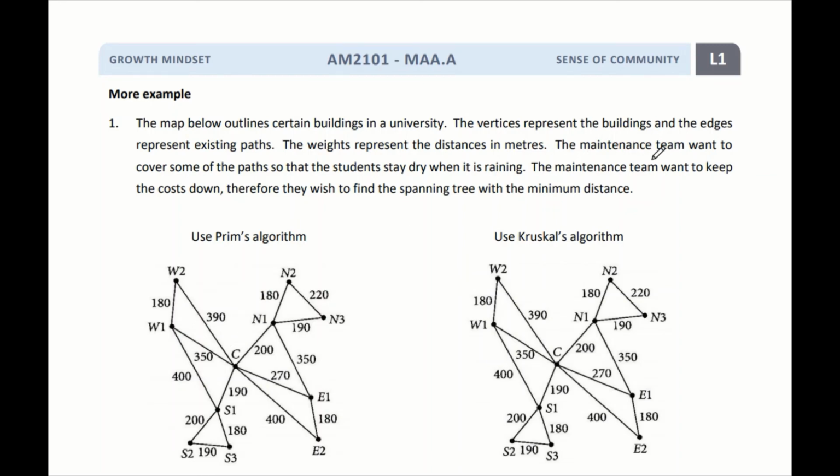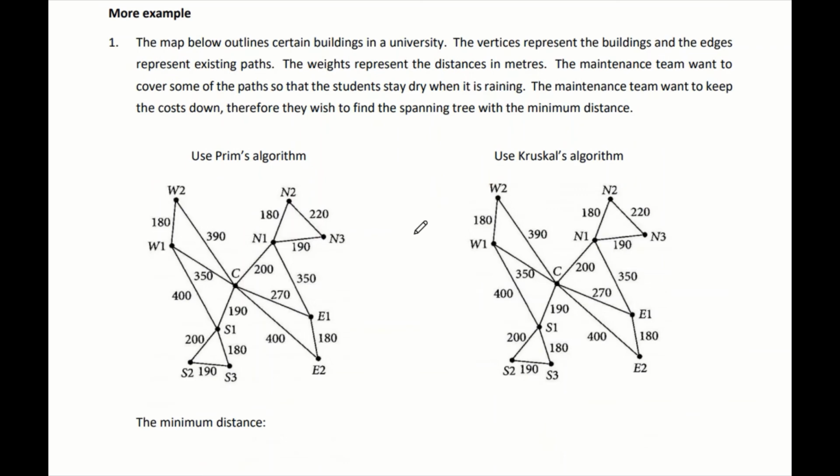The maintenance team wants to cover some of the paths so that the students stay dry when it is raining. To keep the cost down, they wish to find the spanning tree with the minimum distance. It's the same thing: if I want to save cost and at the same time be able to reach every vertex here, then what I need is a minimum spanning tree.